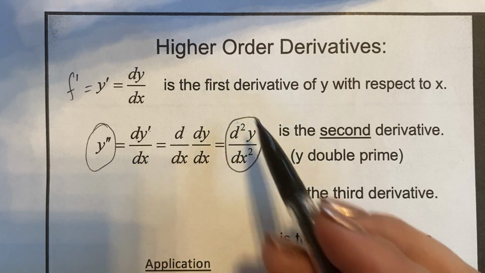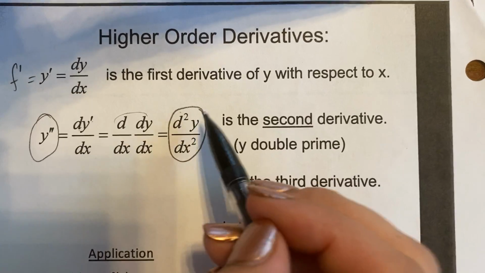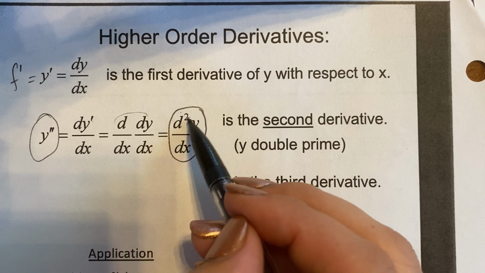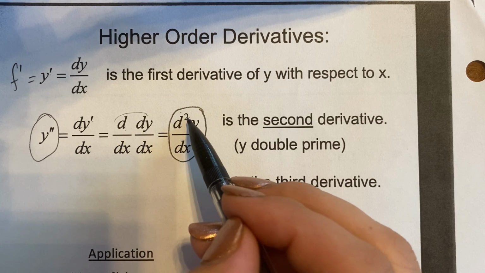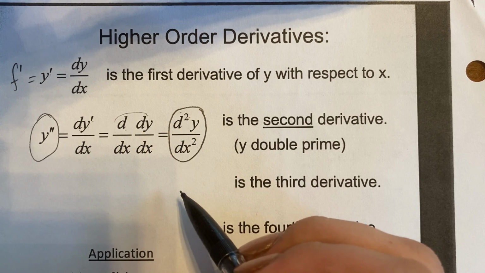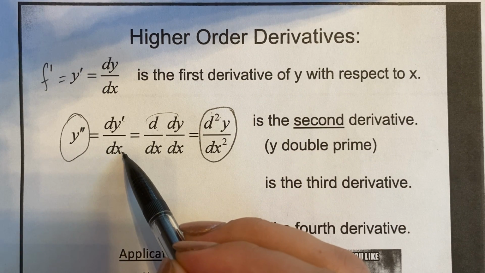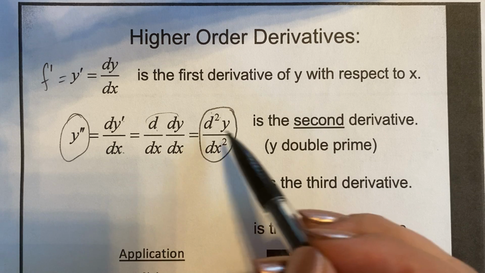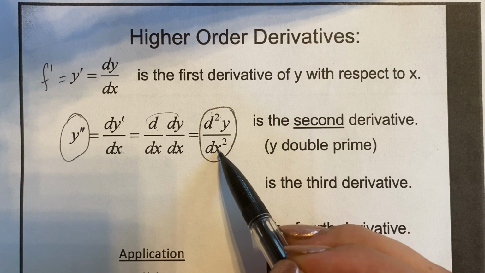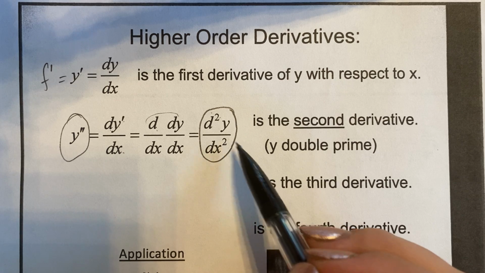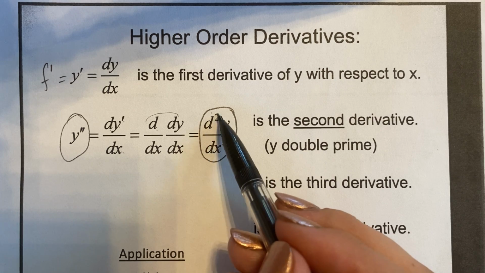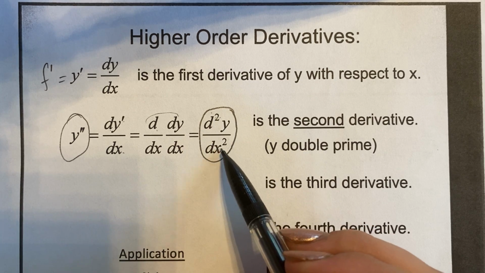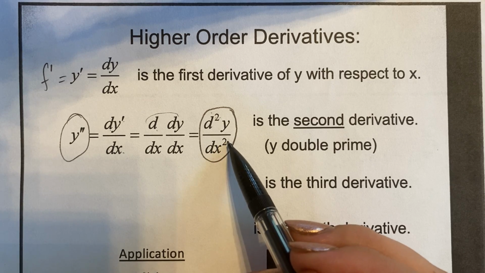You're taking two derivatives, the derivative of the derivative, so the d is squared. The first time, the independent variable is x, and the second time the independent variable is also x. So both times it's with respect to x, twice. So the x is squared. So the second derivative, d squared, means with respect to x twice.